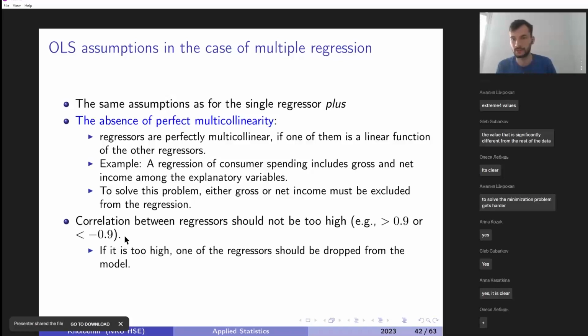That's why we'll need the adjusted R squared. I will talk about it later, but generally you don't just check the correlation between two of them. You need to see how each of your regressors can be explained by the other regressors in your model.